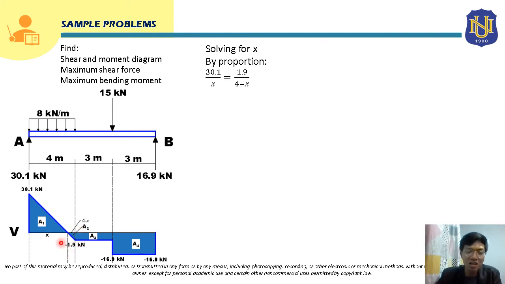Just disregard the negative sign here, we will just use the numerical value of the height. And the base of the smaller triangle is 4 minus x. Therefore, 30.1 over x is equal to 1.9 over 4 minus x.